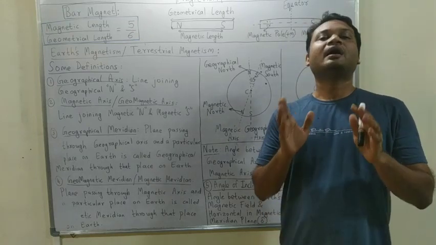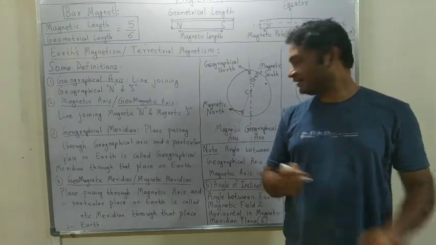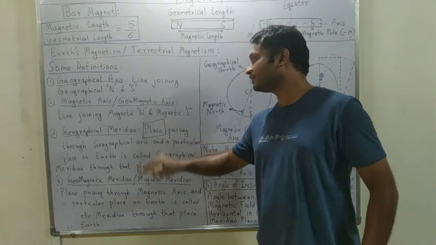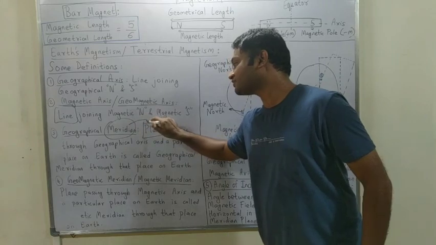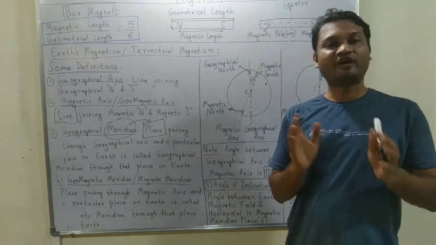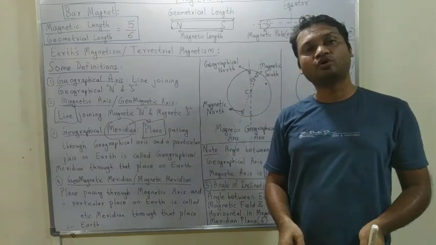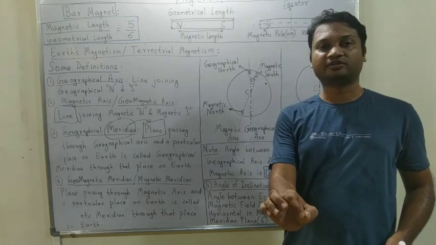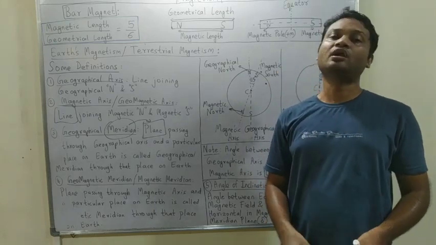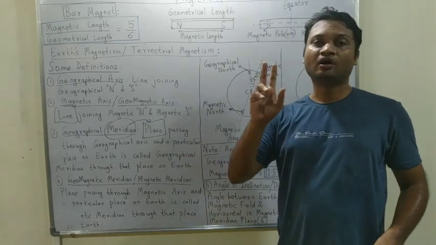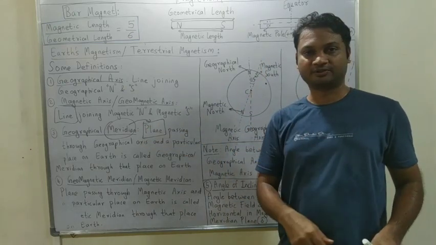Geographical meridian is a plane. It is not a line. When we say meridian, it is a plane. Geographical meridian: plane passing through a particular point on earth and geographical axis is called geographical meridian through that place on earth.